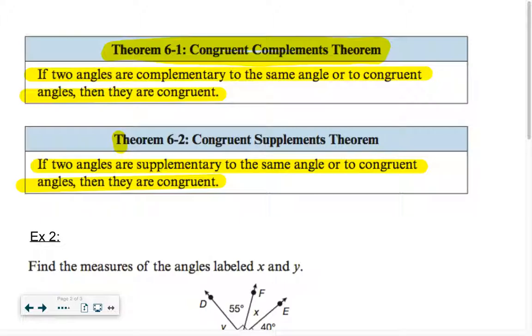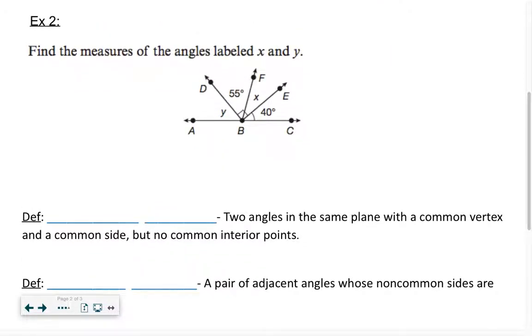Same thing if they're supplementary. If we say that they're supplementary and this pair is supplementary, then those two have to be equal. Here's the example I was thinking of. Here we are actually looking for the measures X and Y.